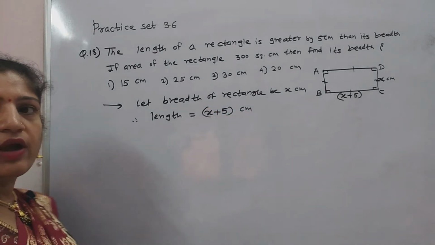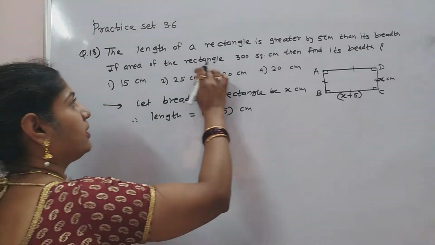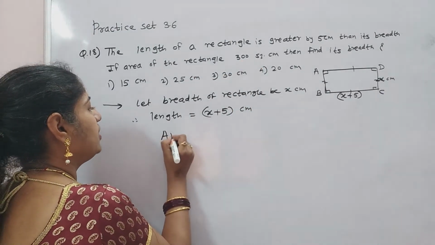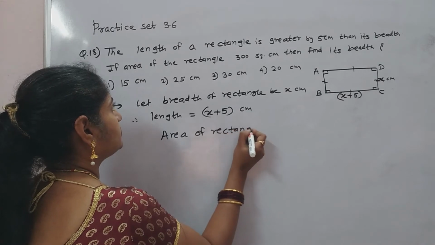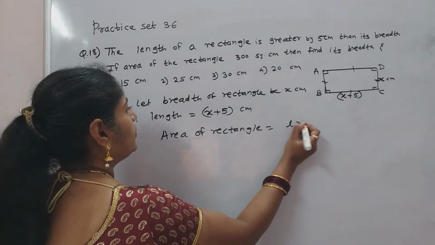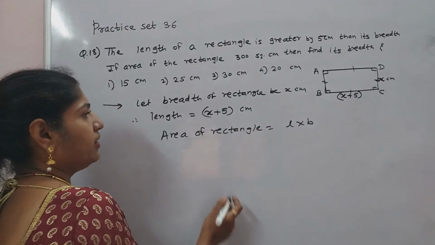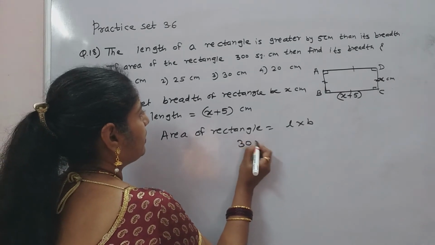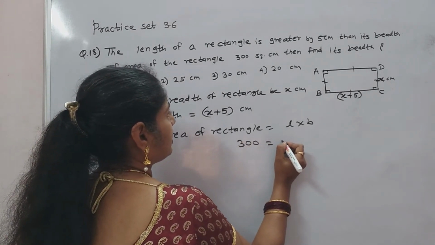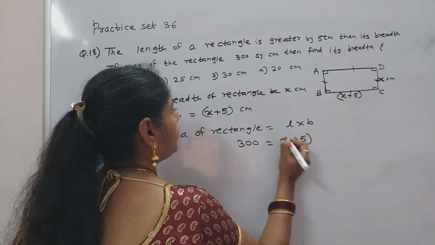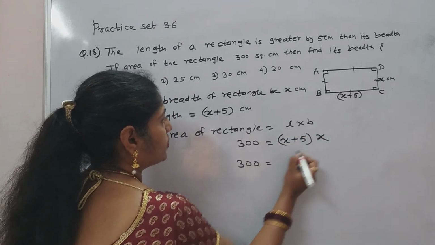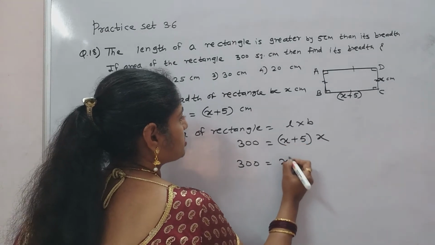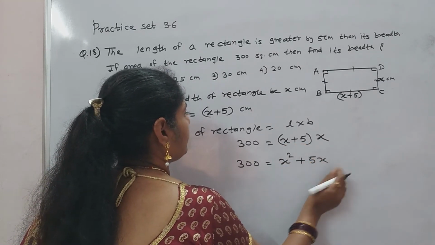Now we are given the area of the rectangle. Use the formula: area of rectangle equals length into breadth. 300 equal to length x plus 5 into breadth x. 300 equal to x into x, x square plus 5x.